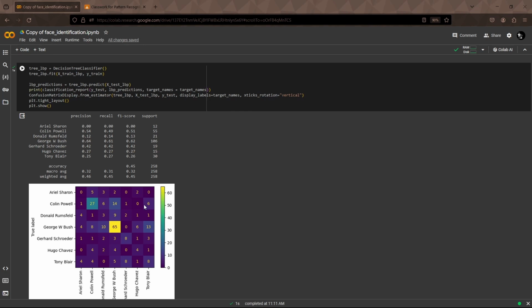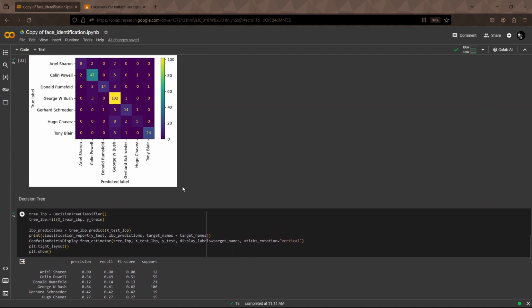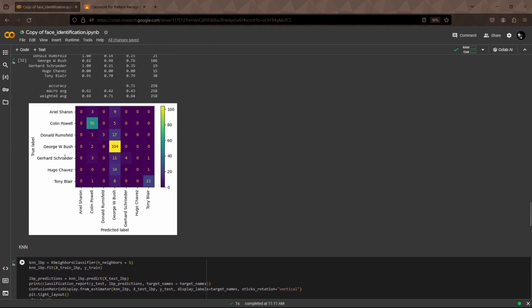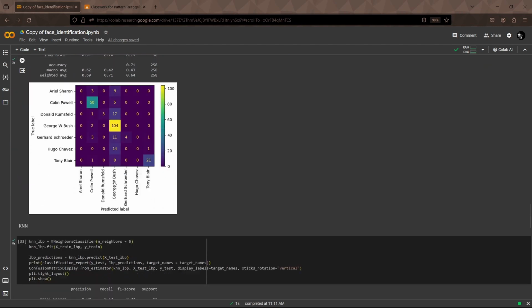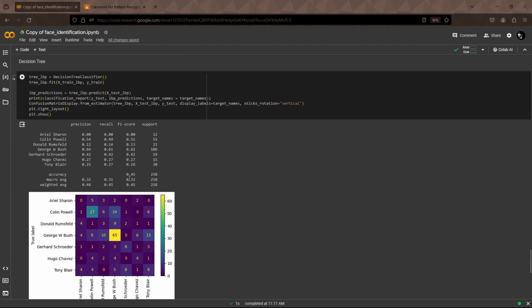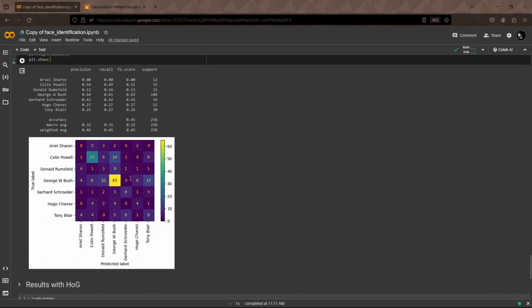These are 7 classes, and these are all images. So maybe the decision tree is not able to adapt well enough to our feature space, compared to other classifiers like KNN and SVM, which are able to adapt well to the dataset more or less. You can see accuracy is only 45%, which is quite low.